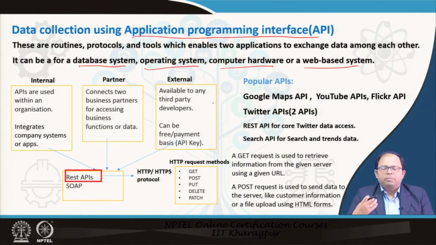That means I personally can develop an app, or I can write some code using which I can access Google's data. So this can be either free, that means the company can give that data free to us, or it could be on a payment basis. That means we have to pay for getting access to that kind of data.